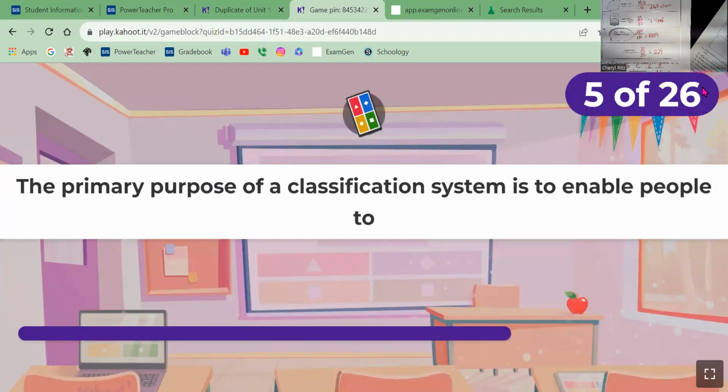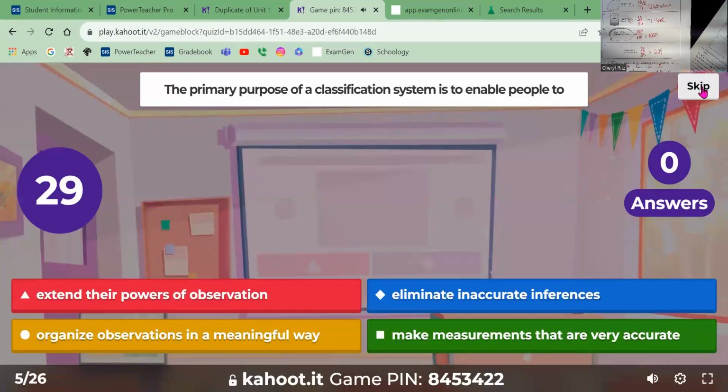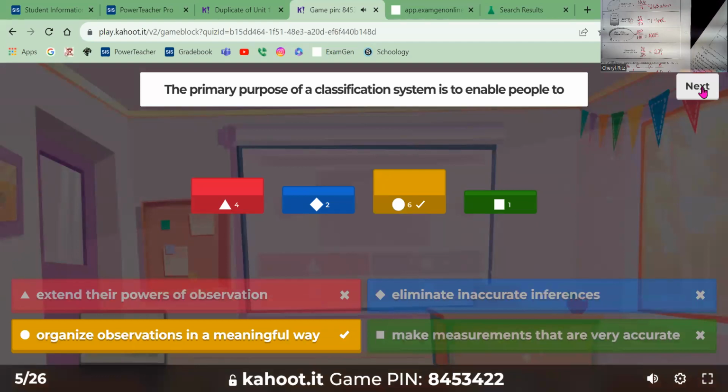The primary purpose of a classification system is to enable people to. Apparently. I love it. Ooh, so the reason we classify something is to organize them so that we can then look at them really easily.